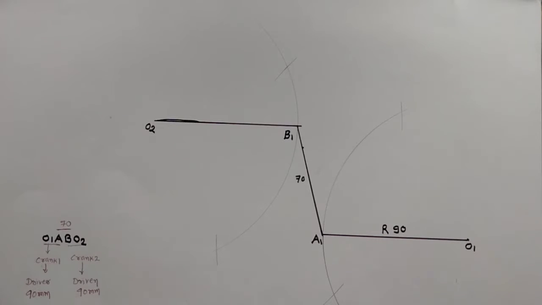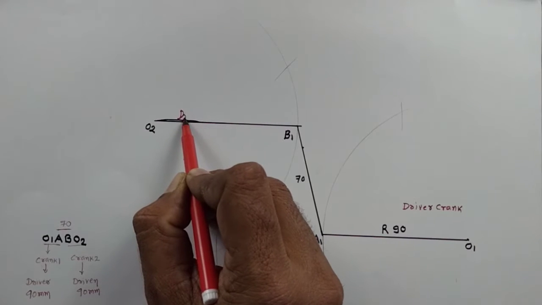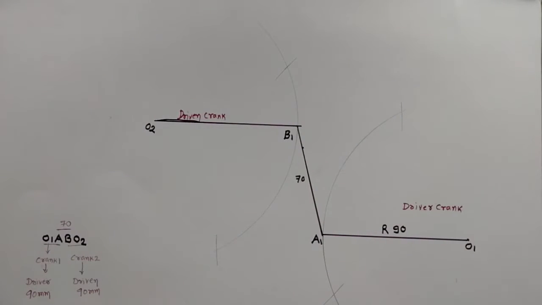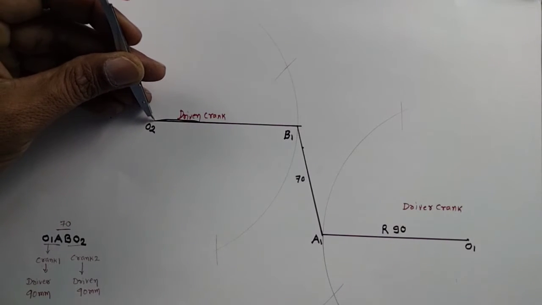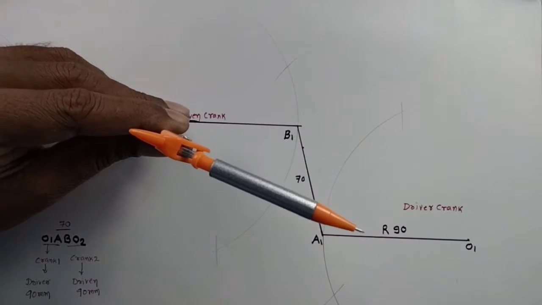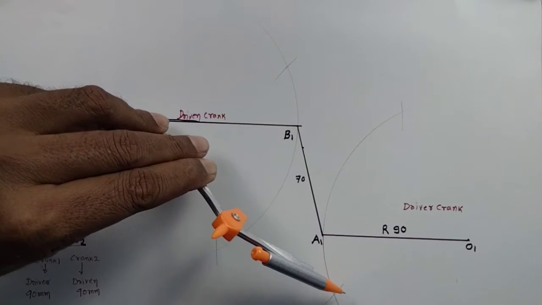Now I say this is our driver crank and this is our driven crank. After that we find out the extreme position on both sides. So first I take the O2 point, it is a center and radius 70 plus 90 mm, 160.